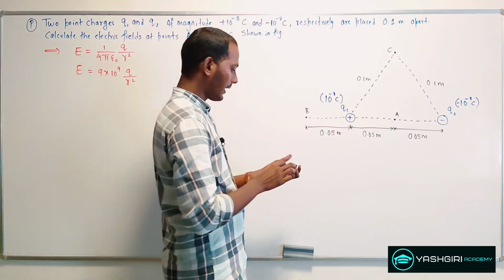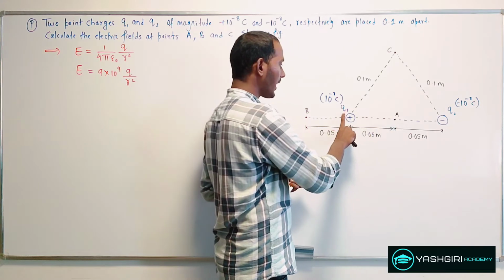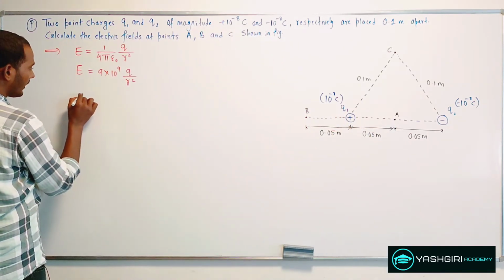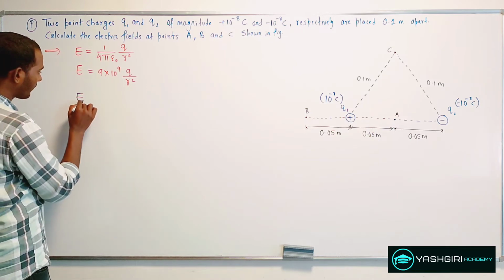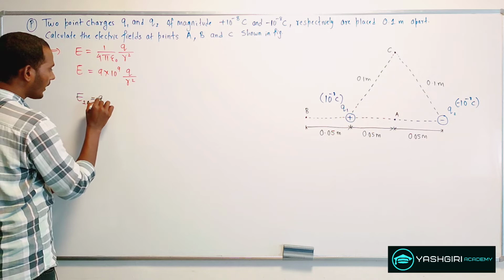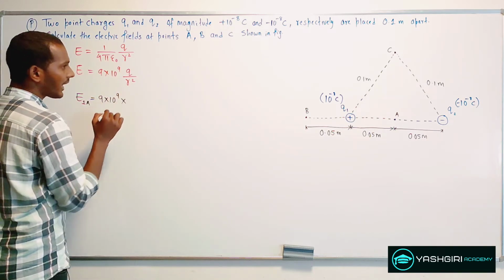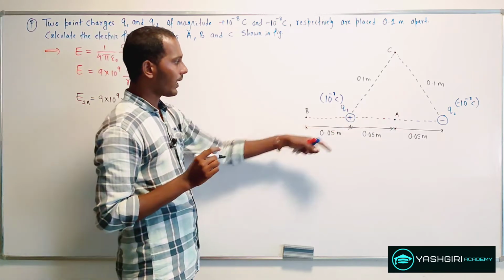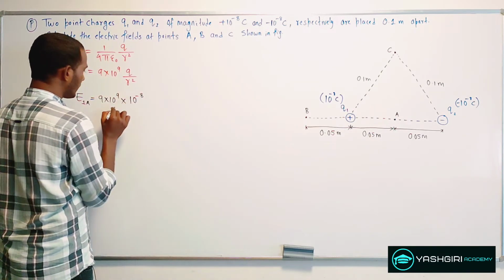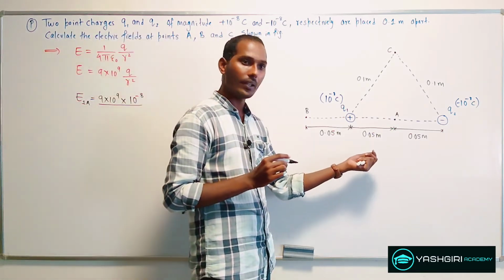So this is the expression that I'll be using. Let's first calculate the electric field at the point A due to the charge Q1. The electric field due to charge 1 at position A is given by 9 into 10 to the power 9 into the charge Q1, that is 10 to the power minus 8 Coulomb, divided by the distance at which I'm calculating.